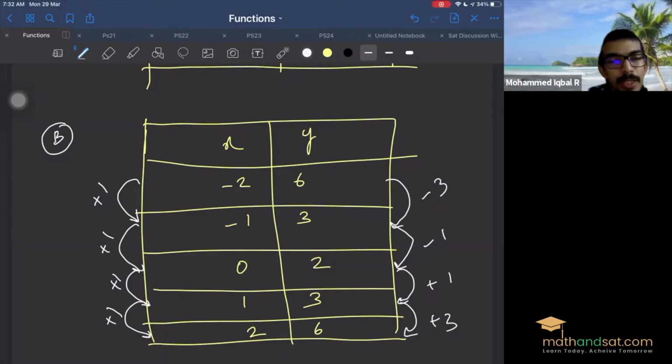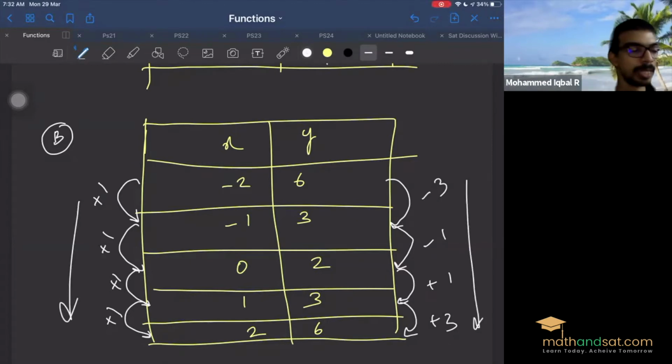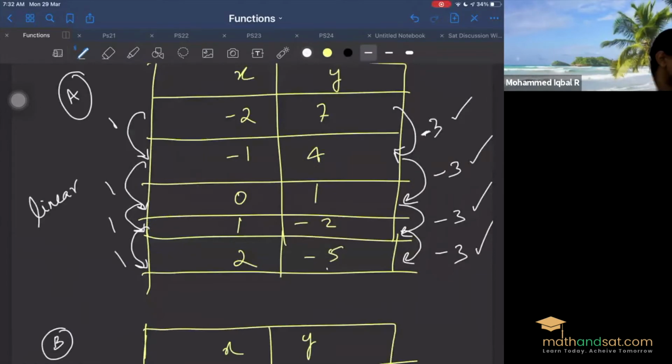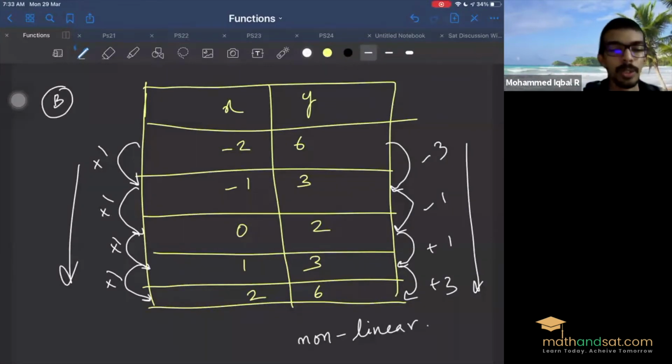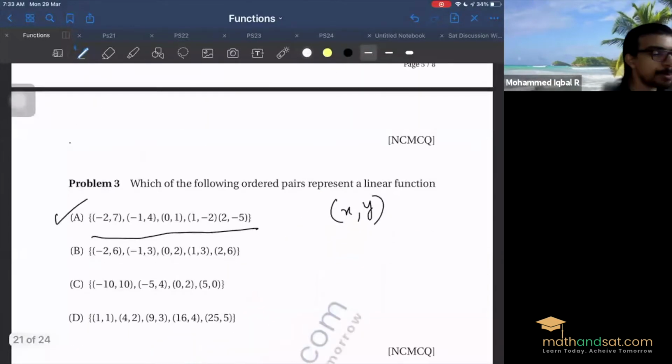Is this a linear function? No. Why? Because when you take constant differences in x here, the differences in y are not the same, unlike in the previous case. So this is linear. This is non-linear. Cool. You can check for option C and option D as well. The answer will be option A.